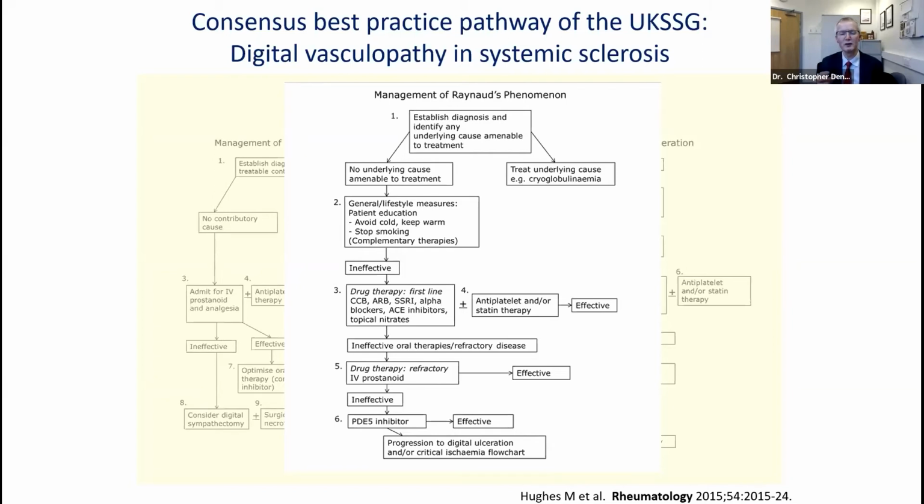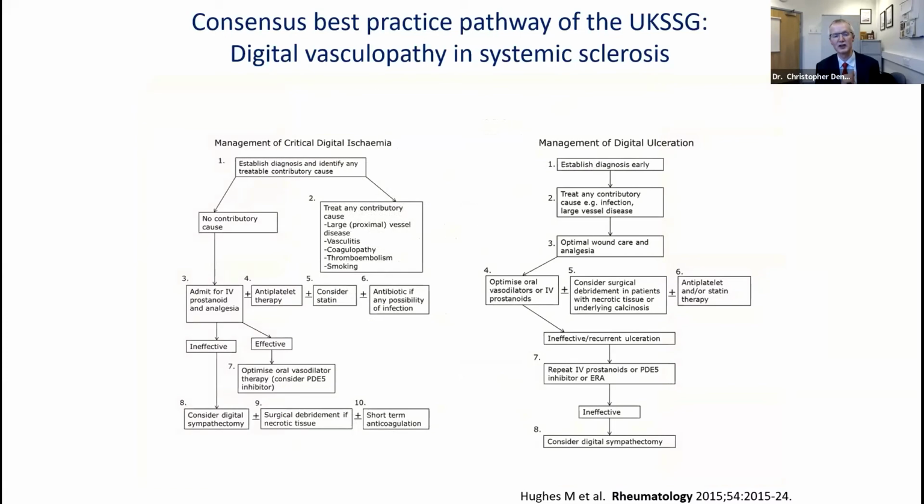But again, we would move on to what we would consider advanced therapies in our more severe cases, and this would include intravenous prostanoids or increasingly the use of PDE5 inhibitors, particularly sildenafil, but also tadalafil, which we find to be very effective therapies. And in fact, for many of our patients are now replacing the use of intravenous iloprost, because it's a treatment that can be given long-term at home and of course does not require hospitalization.